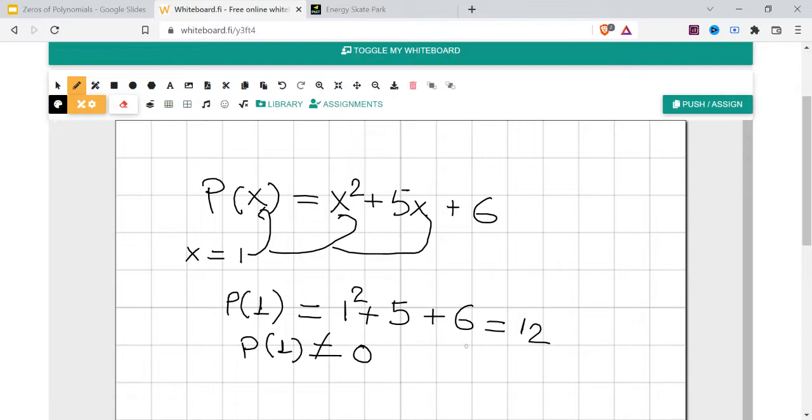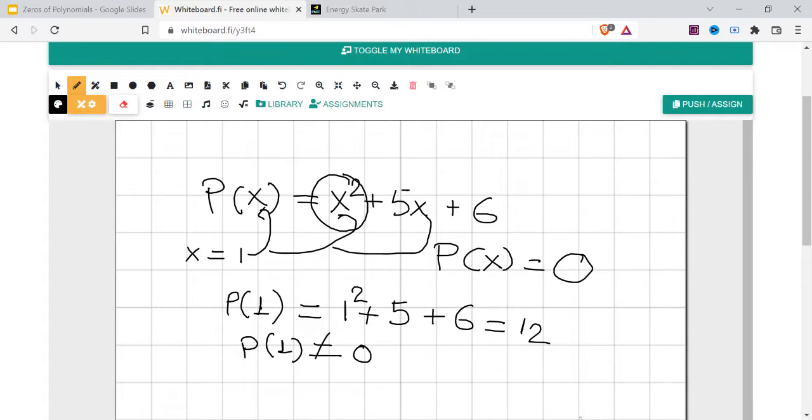So zero of a polynomial means that such a value of x should be put into this equation that the polynomial gives us 0, meaning the overall calculation, subtraction, and addition should give us 0.